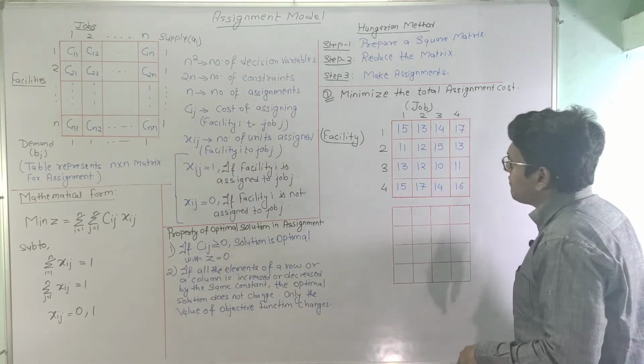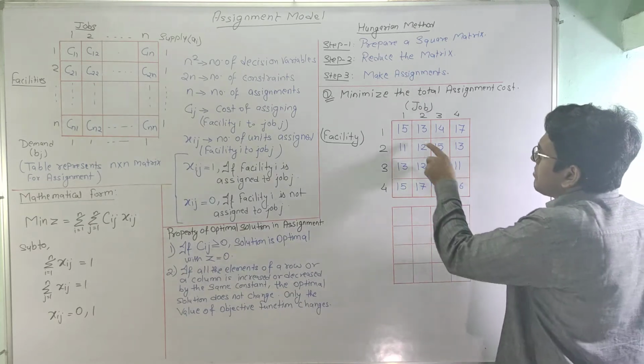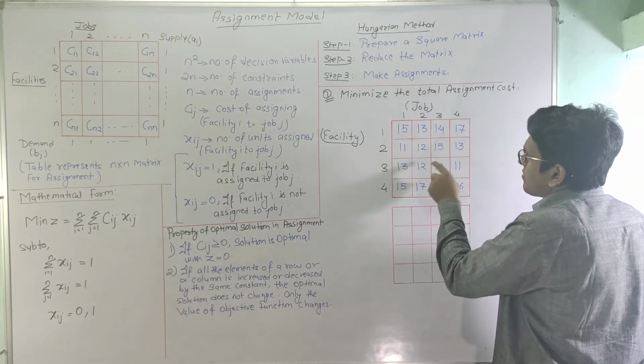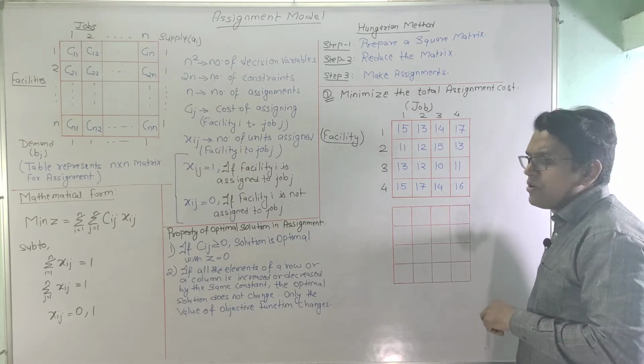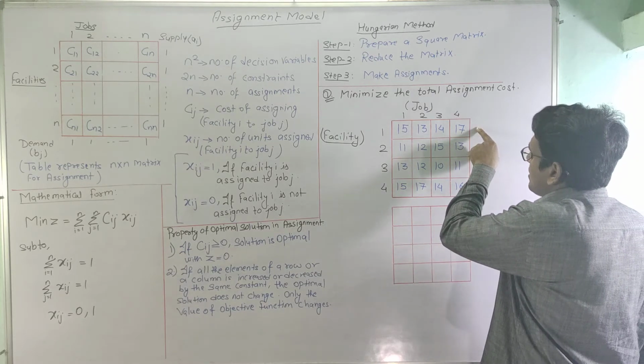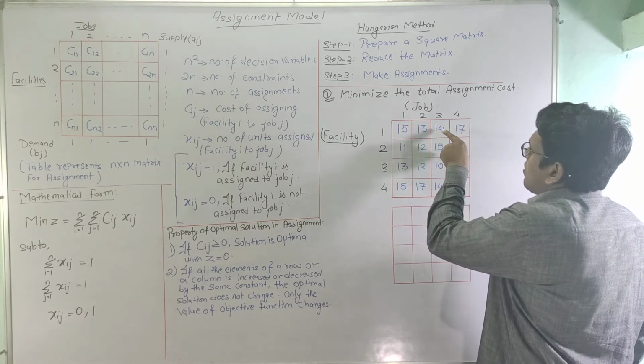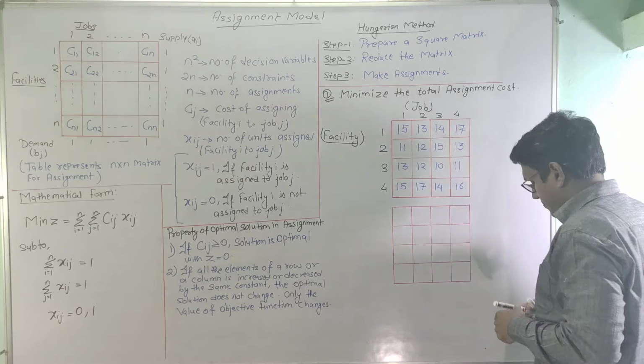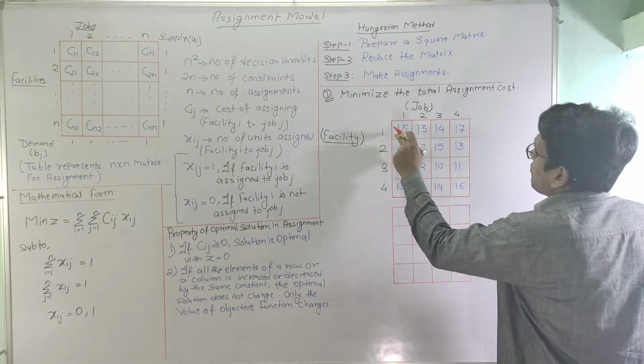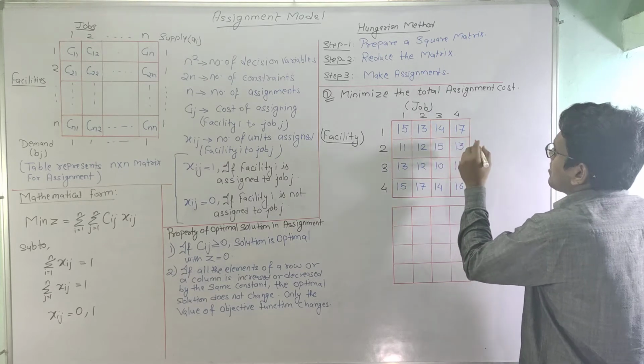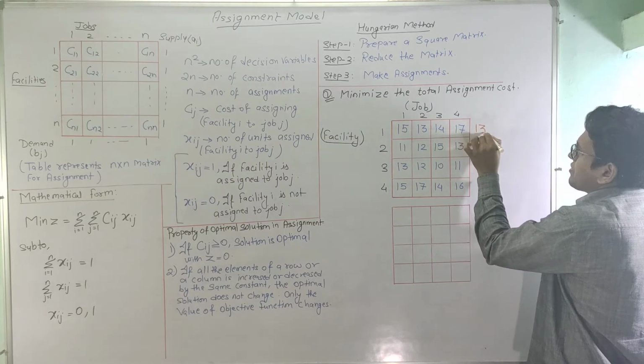So what we will do is select the minimum value from each row and subtract it from all the values in that row. For row 1, the minimum value is 13, so I have written 13.